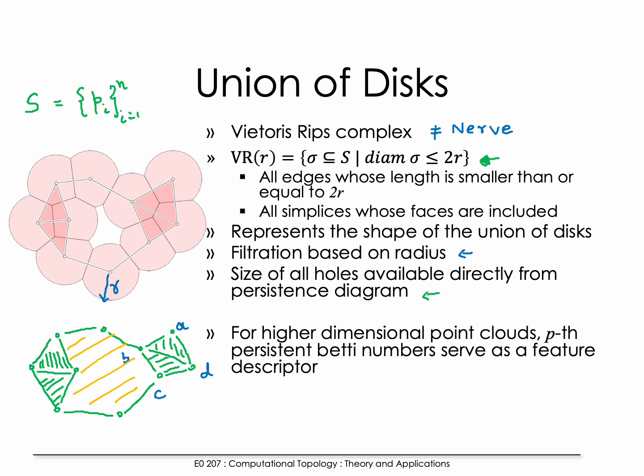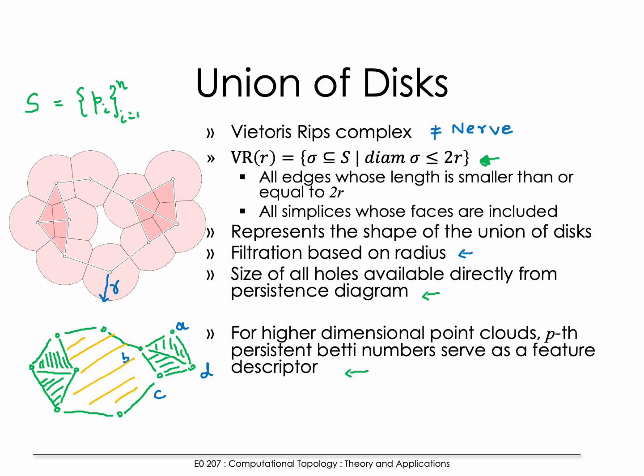So this is one way of studying point sets. In fact, when you consider such a point cloud in higher dimensions, the pth persistent Betti numbers, which come from the persistence diagram, serve as a feature descriptor.